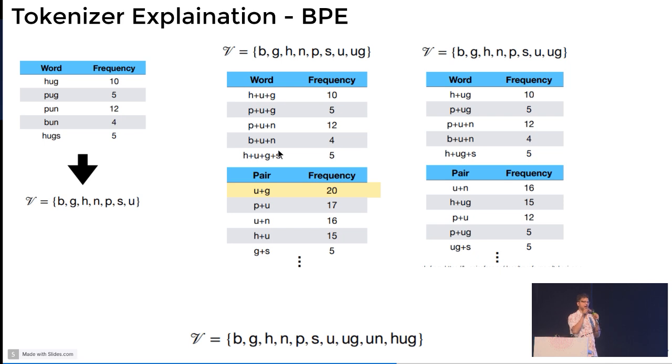Now I will repeat the same process, where UG is considered as one word, and I pair it with the other adjacent characters. So H, U, G occurs 10 times. P, U, G again occurs 5 times. Then in PUN, because you don't find UG, those remain unique characters appearing 12 times.